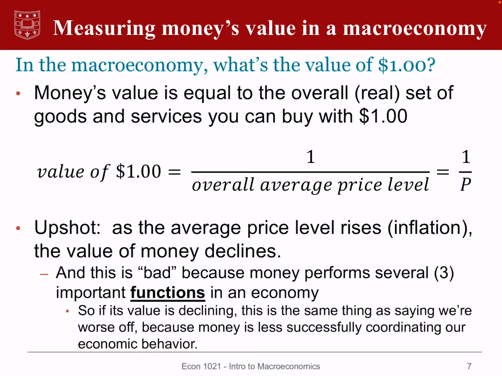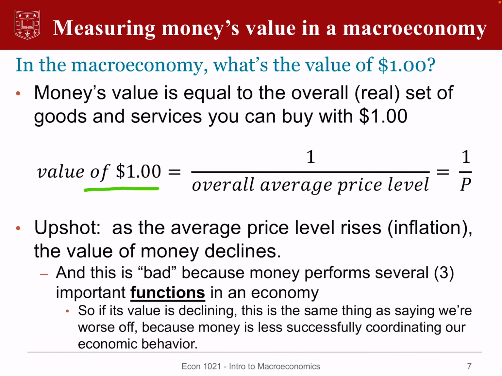So rather than thinking specifically about how many candy bars you can buy, we're going to think about the value of $1 in terms of all the stuff you can buy. And so what we would say is that the value of the dollar is 1 over the overall average price level. And we'll actually see this come into play when we talk about exchange rate determination a little bit later. But just hold on to that thought.